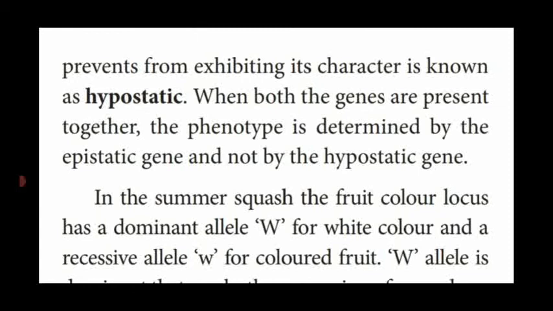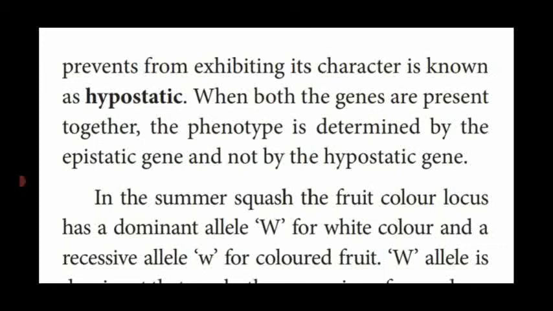The name itself is dominant. So the gene which has the dominant character determines the color of the fruit. We already explained in the first paragraph that the plant has two genes, one the hypostatic gene and the other the epistatic gene. Both of them are present in the same organism, but the external phenotypic character is determined only by the epistatic gene, not by the hypostatic gene.